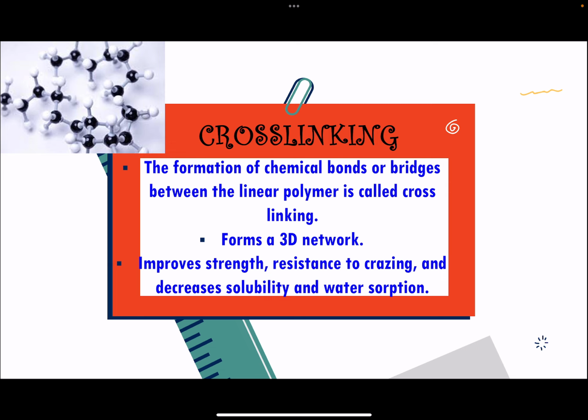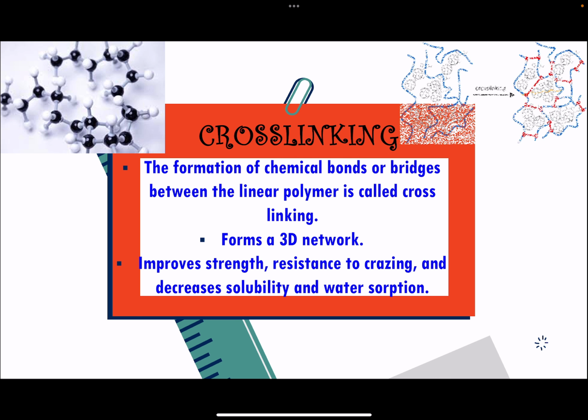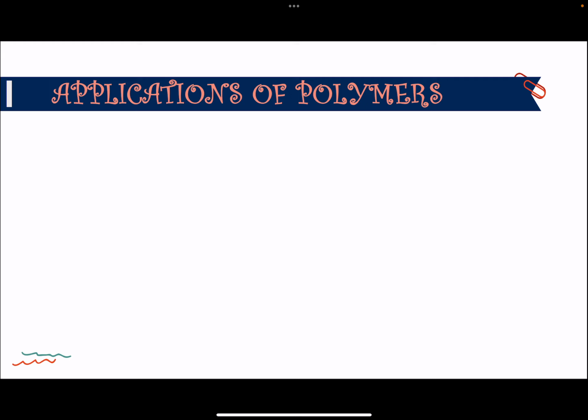What is cross-linking? The formation of chemical bonds or bridges between linear polymers is known as cross-linking. It forms a three-dimensional network. It improves the strength, resistance to crazing, and decreases solubility and water sorption. You can see a cross-linked polymer will have more strength and resistance to crazing.